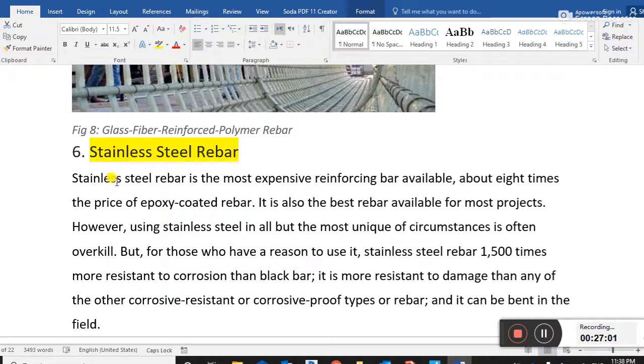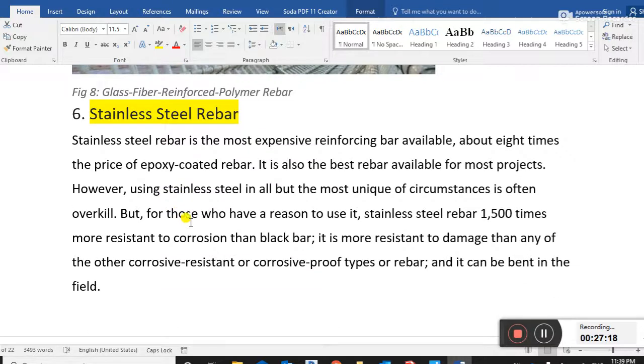Stainless steel rebar is the most expensive reinforcing bar available, about 8 times the price of epoxy coated rebar. It is also the best rebar available for most projects.